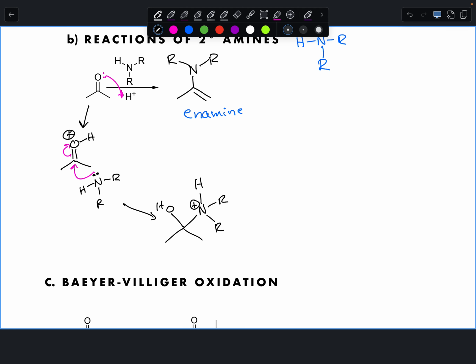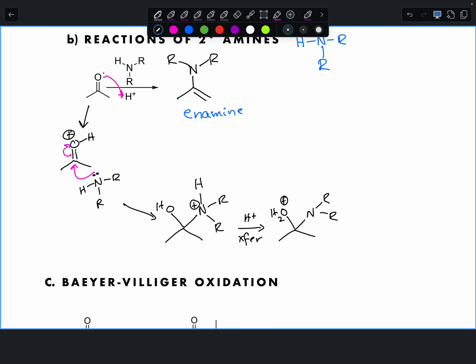So we have MCPBA, this is going to be our source of oxygen, and we have a carbonyl, which means it is going to transform the ketone into an ester. So we're going to take the ketone and transform it into an ester.